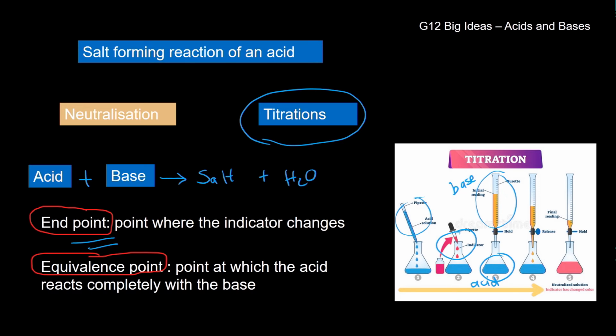Now the endpoint is where the indicator actually changes color. Now there are 3 colors for the indicator, 1 in the base, 1 in the acid, and then there's a slight change in the indicator color as this endpoint is reached, and that you need to be quite precise about, and you need to look at it, good observations with your eye to check where that endpoint actually is.